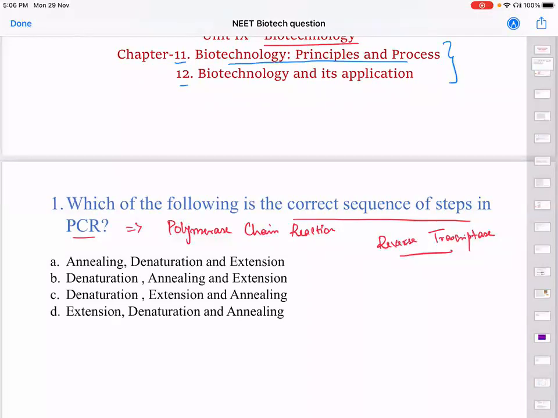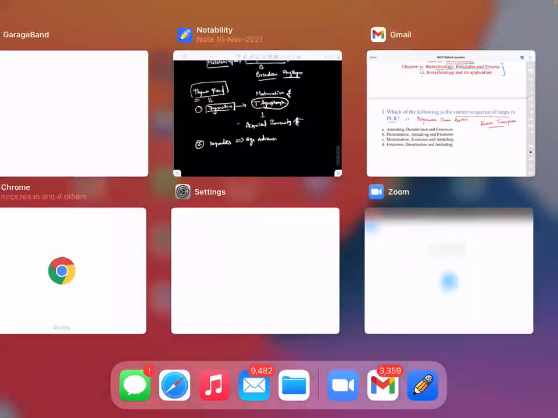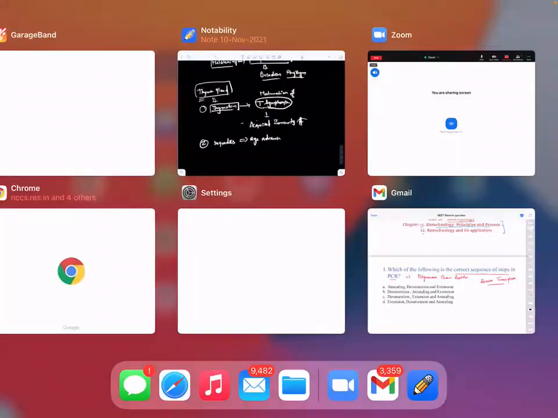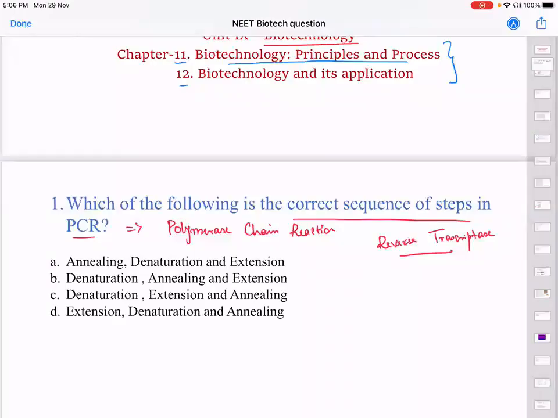Why is reverse transcription required? PCR generally accepts DNA, whereas COVID is an RNA virus, so there is a need to convert RNA back to DNA. Hence the word reverse transcription. So this is a basic idea about RT-PCR.